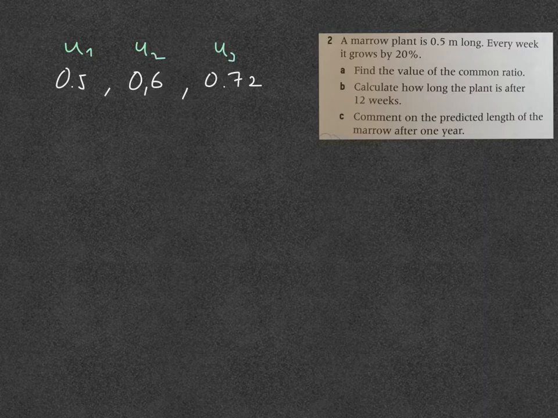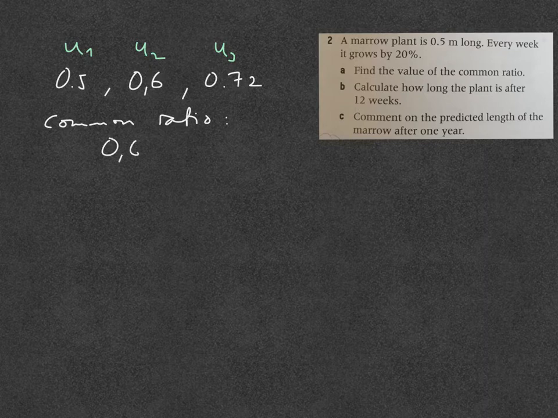So this is u1, this is u2, and this is u3. So we have the first three terms, and the last one is just for a check really, but if we wanted to find the common ratio here, we would take 0.6 and divide it by 0.5. Now, dividing by 1/2 would be equal to multiplying with 2.